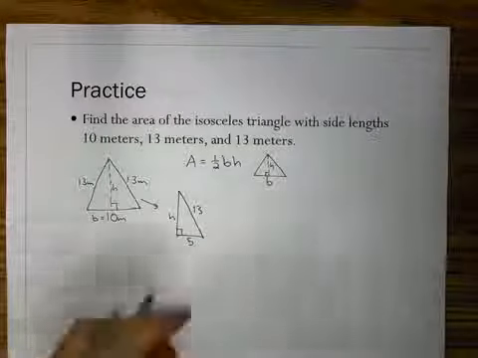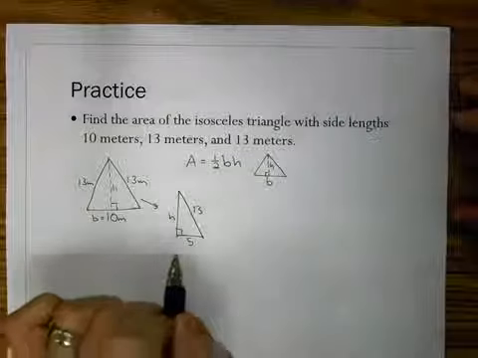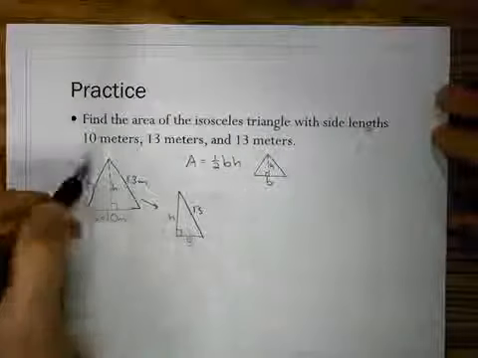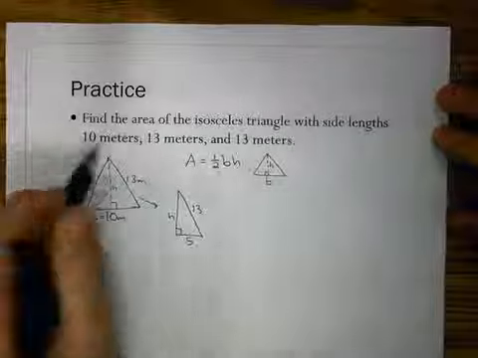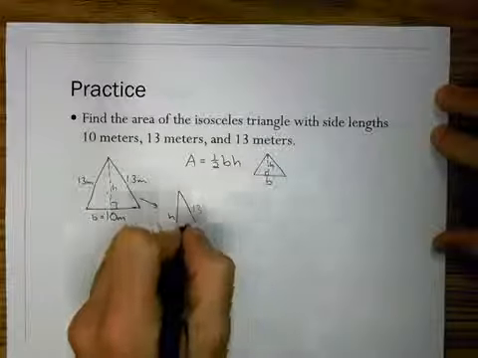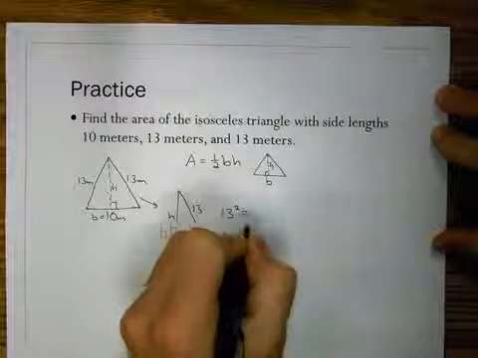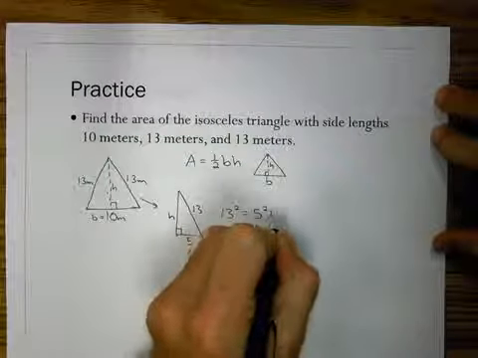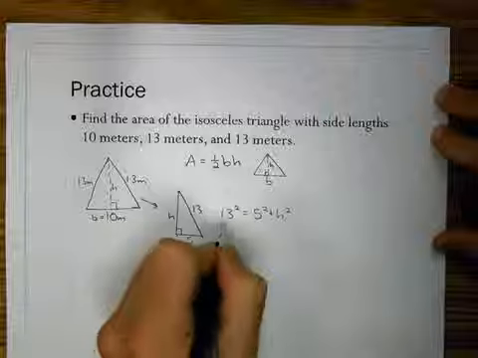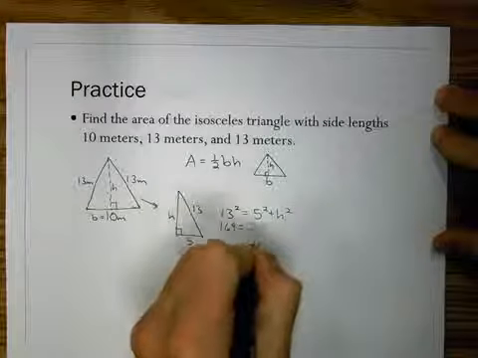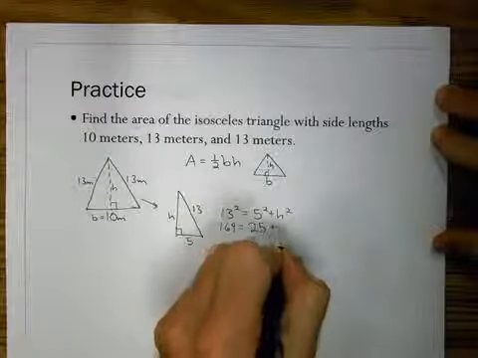So now I can find my height using Pythagorean theorem for this triangle, which will be the height for my original triangle, which will then let me find the area. So we look here, our hypotenuse is 13, so 13 squared equals 5 squared plus h squared. 13 squared is 169 equals 25 plus h squared.